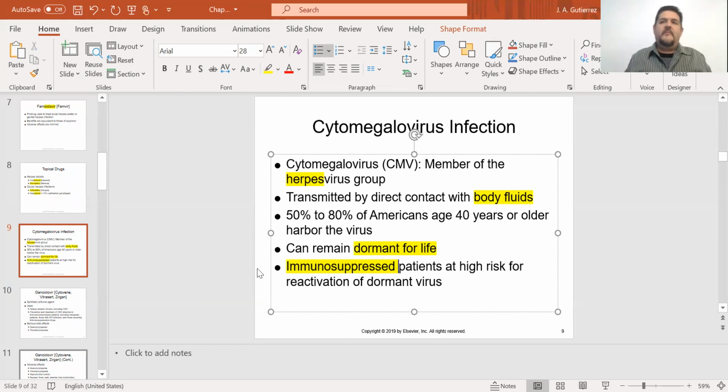So usually, with the herpes virus or any virus from this family, when we get infected, the first stage of the infection is always going to be some type of skin lesion. That's how they start.